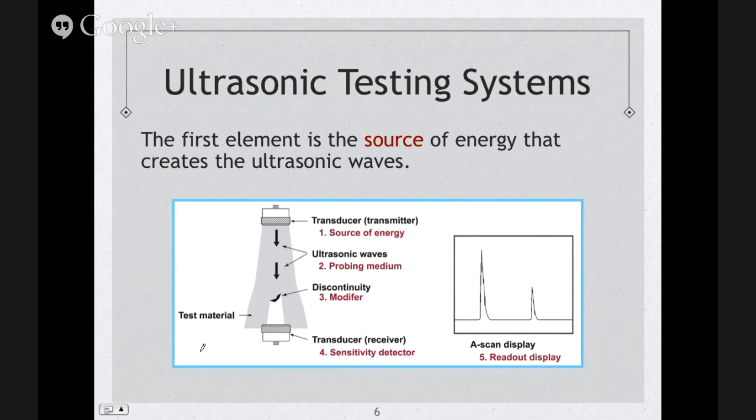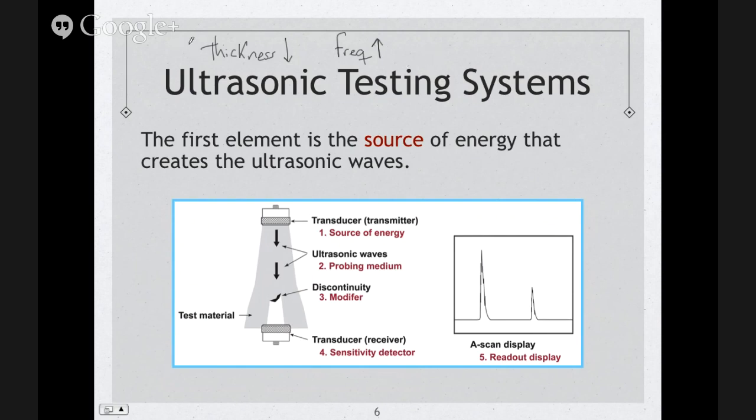And we know that the diameter of that piezoelectric material and the thickness is what's going to give us the characteristics of that transducer as far as what beam spread is going to be and frequency. The thinner your crystal, so if the thickness goes down, your frequency goes up.